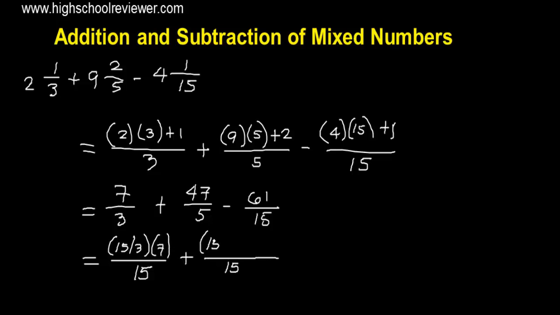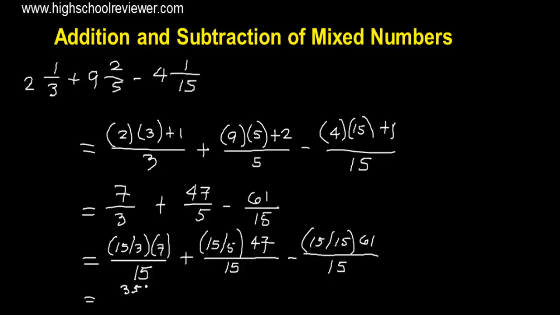And this will be 15 divided by 5 multiplied by 47 minus the LCD is 15, and this will be 15 divided by 15 multiplied by 61.